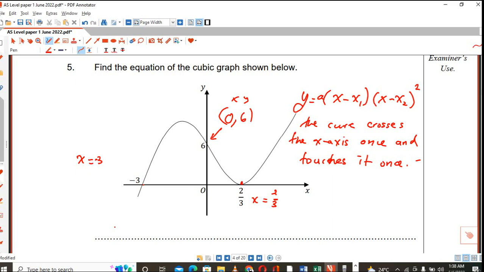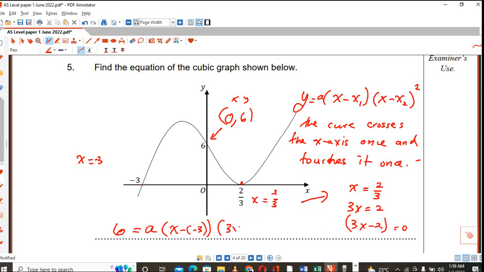So if you have y is 6 equals a, okay, then in bracket I'm going to have x minus negative 3, and I have this one here. Think about this particular point here. It's x equals 2 over 3. It can be written as 3x minus 2 equals 0.